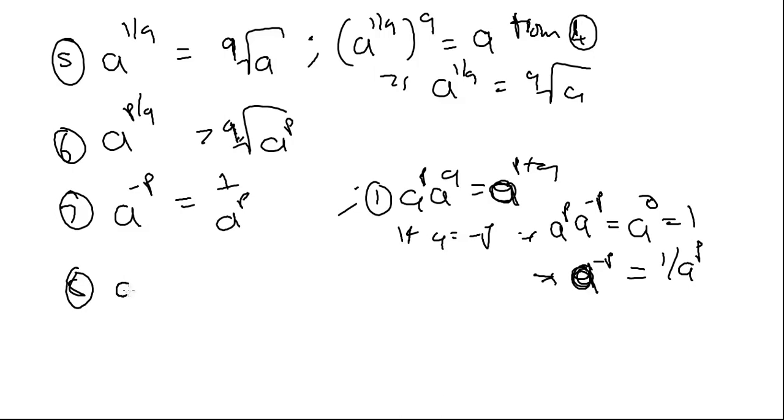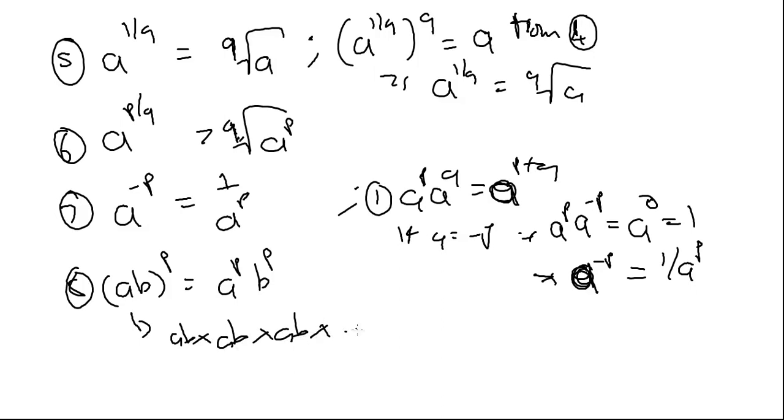So what is ab to the power p? Well, that's just going to be a to the power p, b to the power p. So, you know, ab to the power p is ab multiplied by ab multiplied by ab, p times.